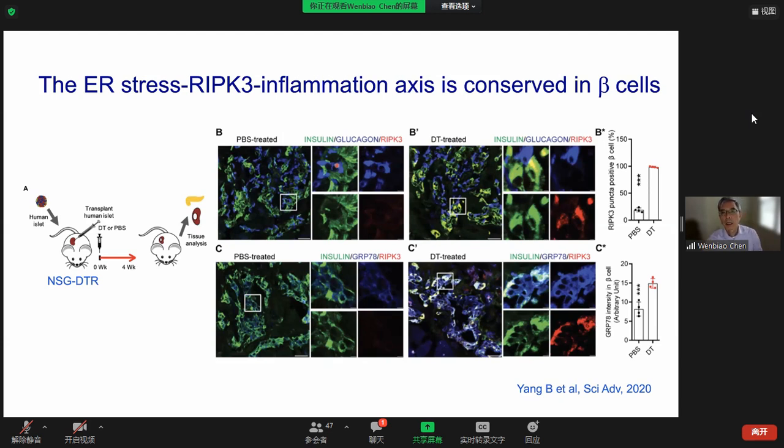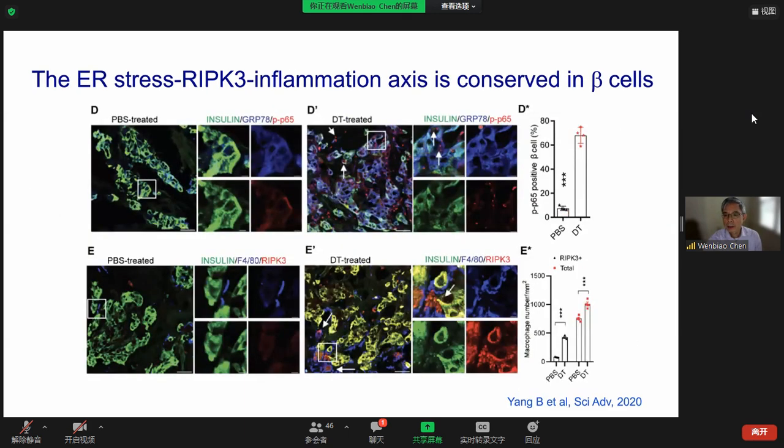And we found that indeed in those human islet cells, we do see an increase in ER stress, activation of RIPK3, and activation of P65, which is a subunit of NF-kappa B, and also an increase of macrophage infiltration in those transplanted tissues. So suggesting that this axis is also conserved in human beta cells.